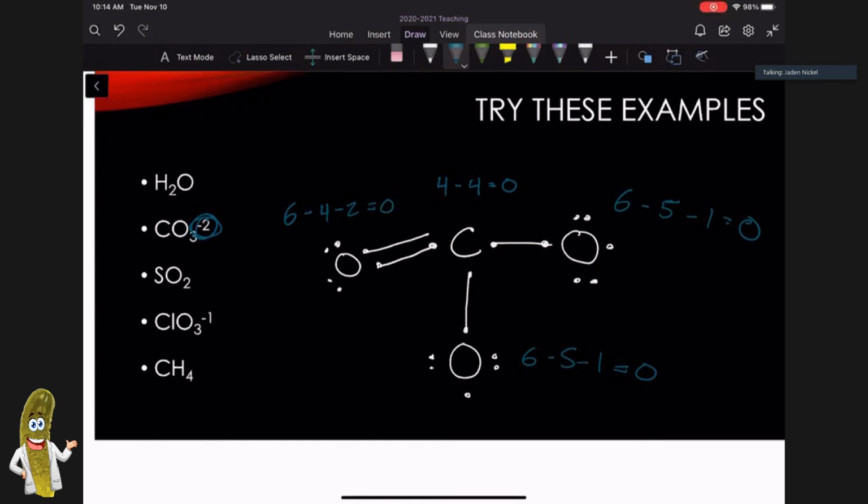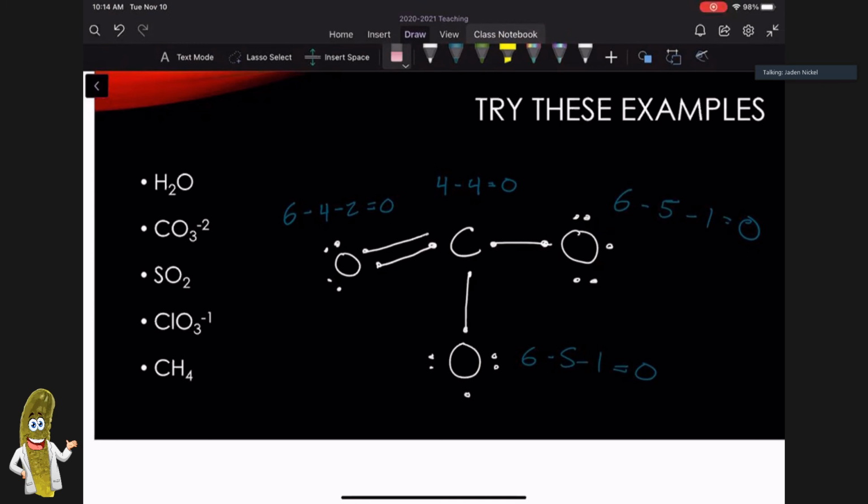And so I would look at this structure here, and I want to eventually generate a -2 charge. So I know that there either must be another electron from the oxygen, or I know that they're going to form a double bond of some sort.